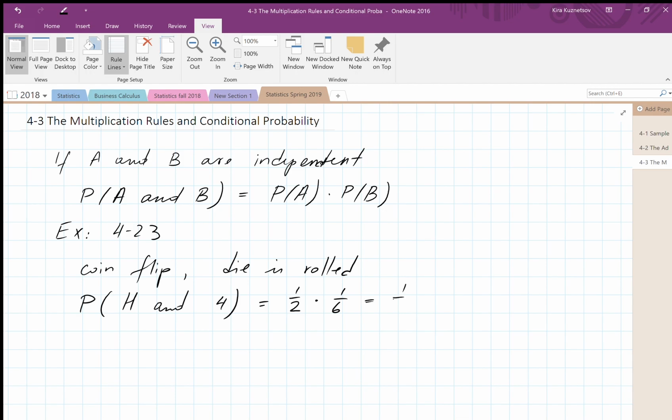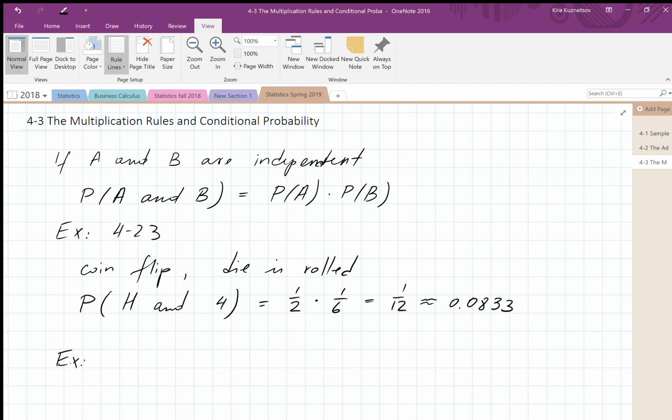In this case, I get 1 out of 12, which can be approximated to 0.0833. 4 decimal places will be sufficient.